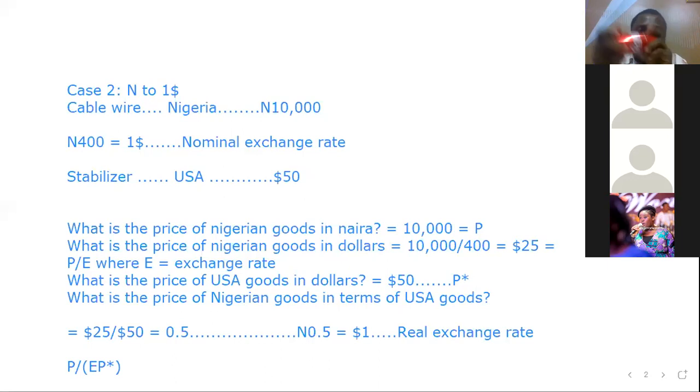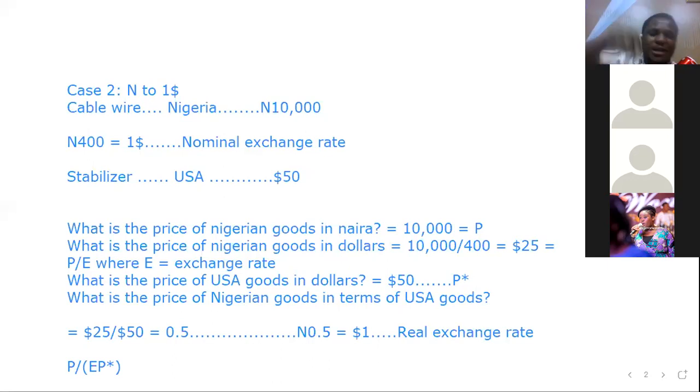If I carry this cable, I change the money, it is $25. But the stabilizer there is $50. That means I need two of this cable for me to be able to get what? One stabilizer. That's the meaning.